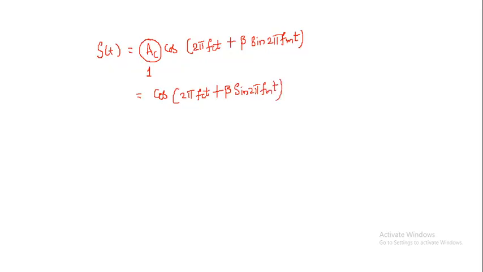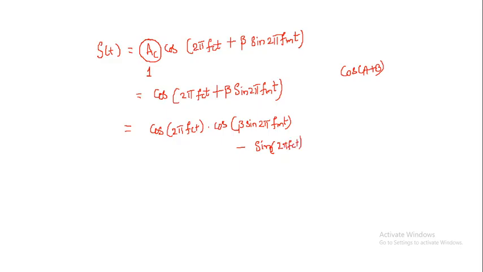To build this equation using LabVIEW, you need to further expand this equation using the formula cos of A plus B. So this becomes cos of 2 pi fct into cos of beta sine 2 pi fmt, minus sine 2 pi fct into sine of beta sine 2 pi fmt.